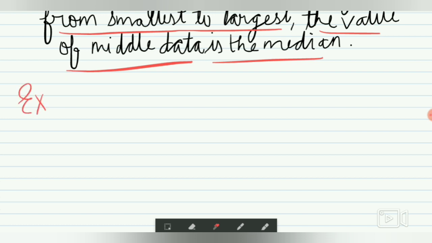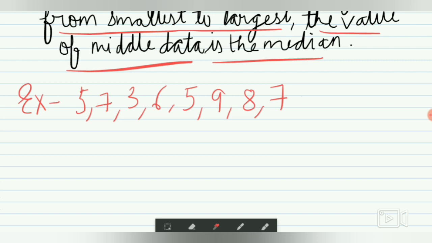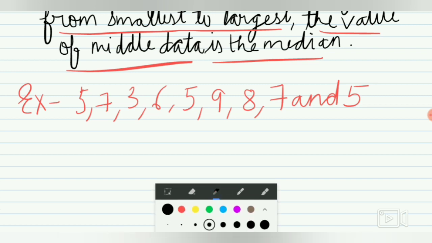Let's take an example. Data is given to you: 5, 7, 3, 6, 5, 9, 8, 7, and 5. These numbers are called data, and we have to find the median from this given data.